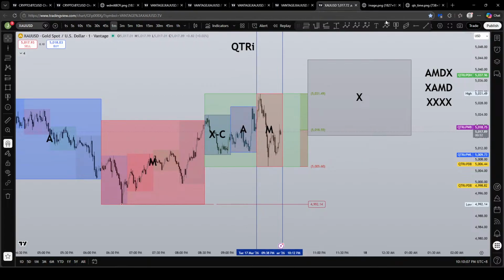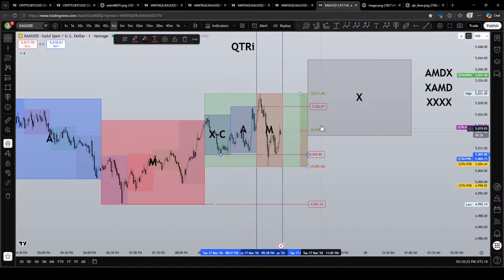Meaning, subquarter 2 high was taken, and not only subquarter 2 high was taken, but also the subquarter 1 low was also taken, which will confirm that the subquarter 3 of quarter 3 is really a manipulation phase.